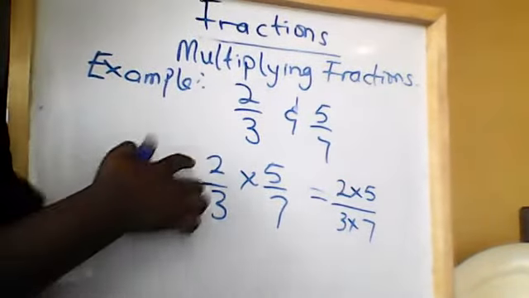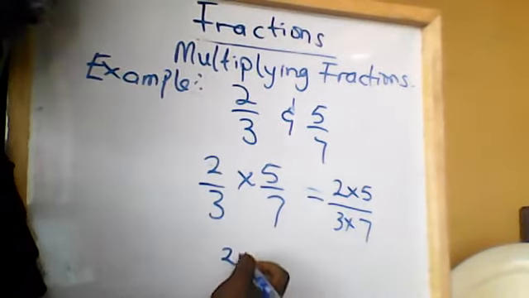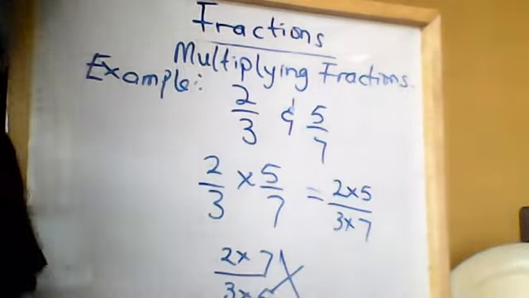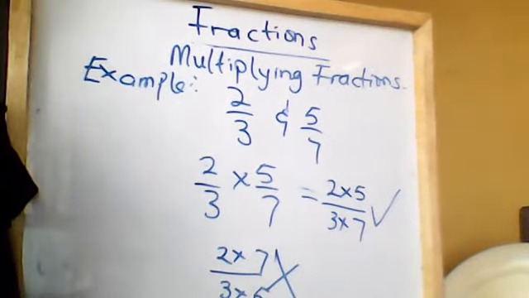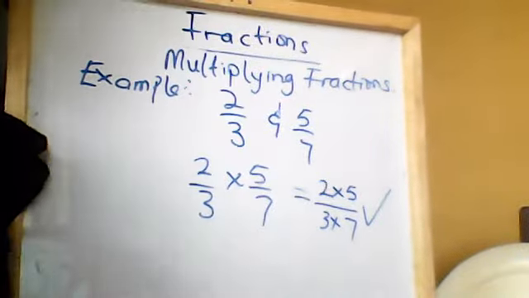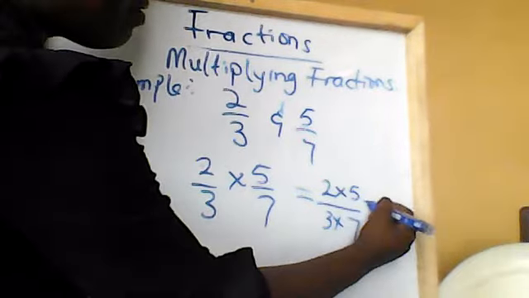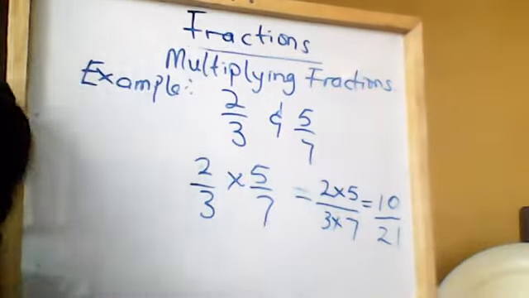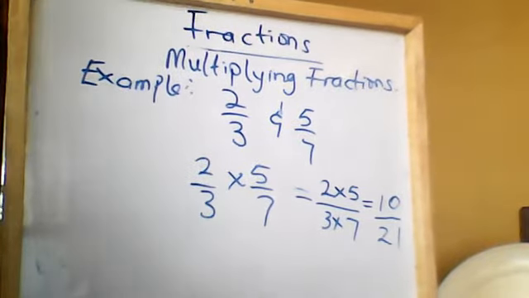I cannot say 2 times 7 over 3 times 5. That is wrong. But this is correct. So please let us understand that. 2 times 5 will give us 10. 3 times 7 will give us 21. And so the answer to this calculation will be 10 over 21.